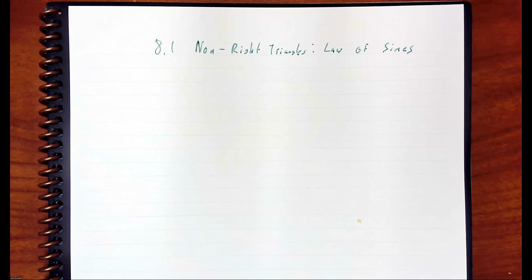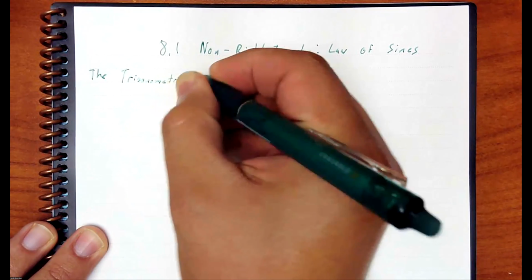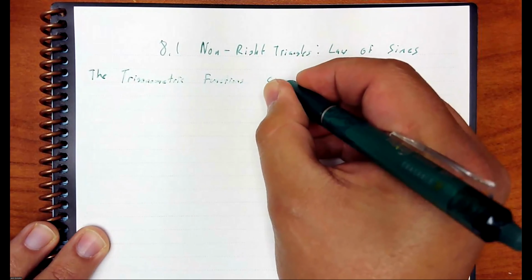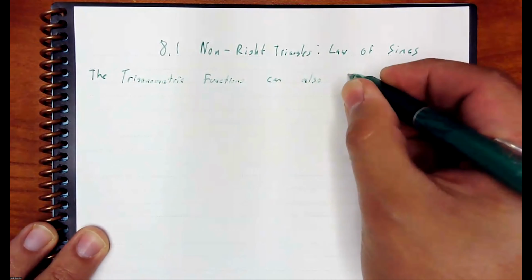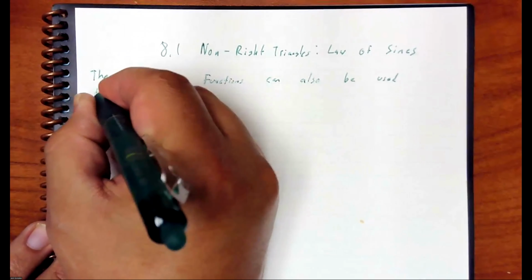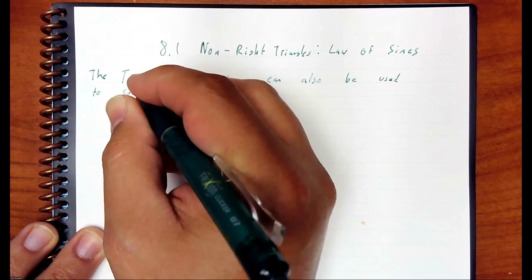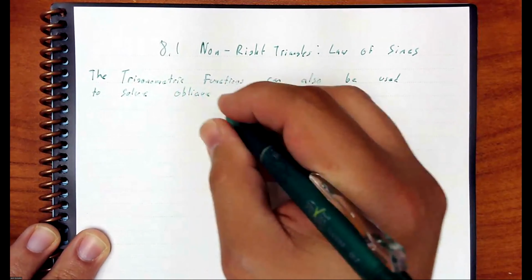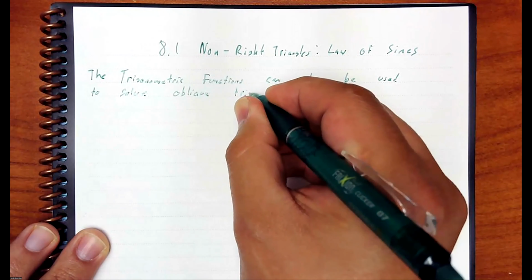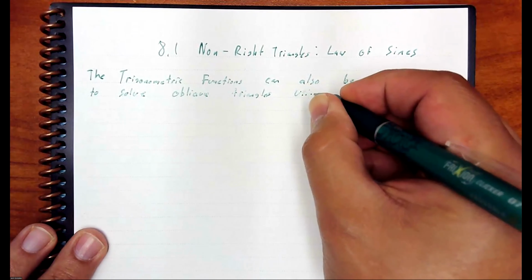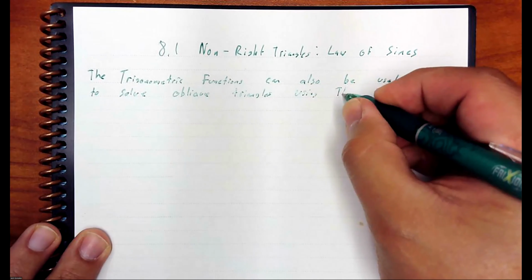The trigonometric functions can also be used to solve oblique triangles using the law of sines.